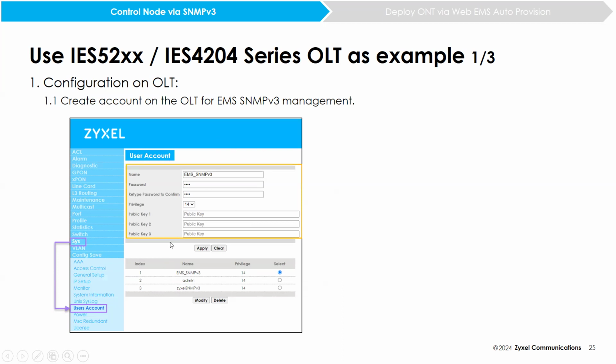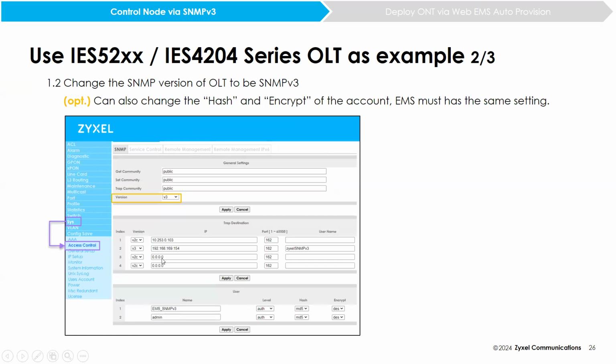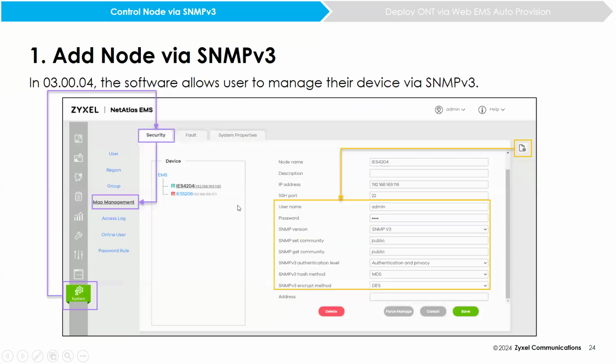Okay, so we need to type in the settings on this web GUI. And also, there's another suggestion. If we create an account on our devices, we need to access this page on the OLT system. Make sure the management protocol we set on the OLT devices is already set to V3. And please, this setting must match the setting we set on our EMS system.